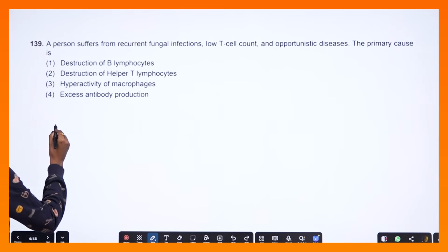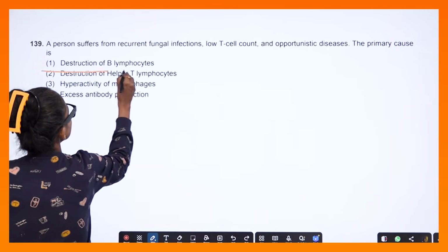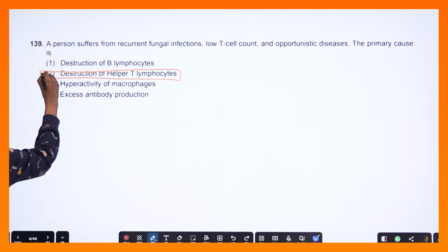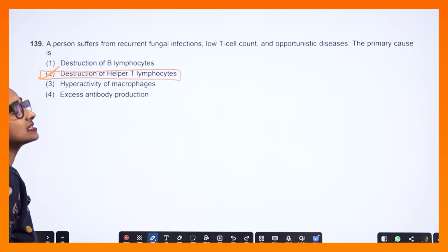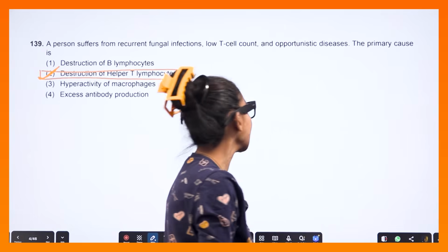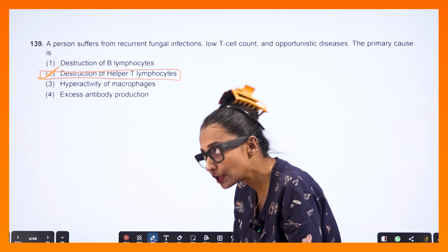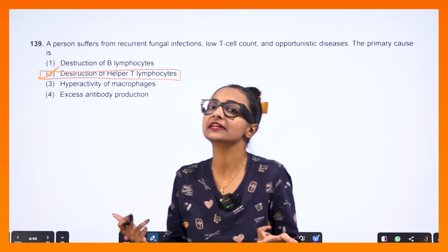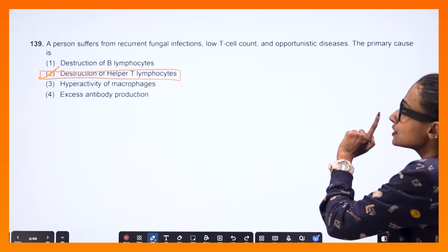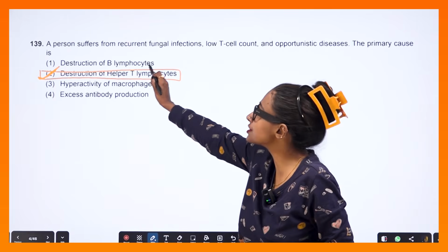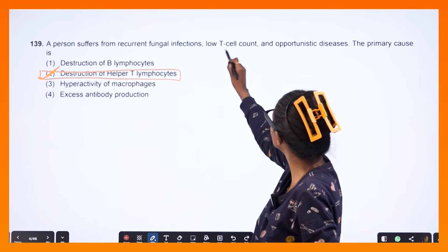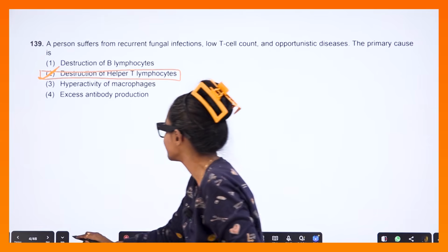So that means what? Destruction of helper T lymphocytes. Once the destruction of helper T lymphocytes happens, the T cell count goes low and recurrent fungal infections might happen. So option 2, don't go with B, correct? Because here they are saying low T cell count.